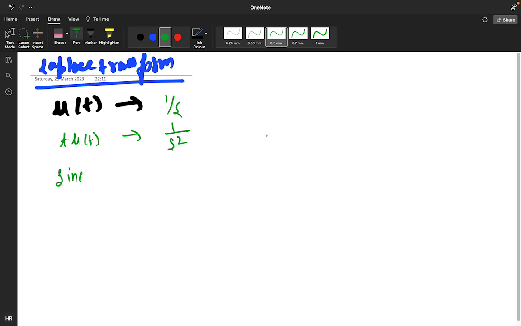Sin at transformation is a divided by s square plus a square. Cos at transformation is s divided by s square plus a square.